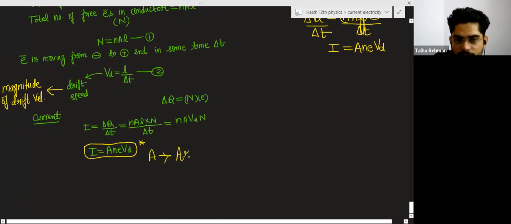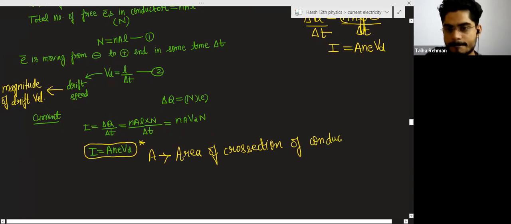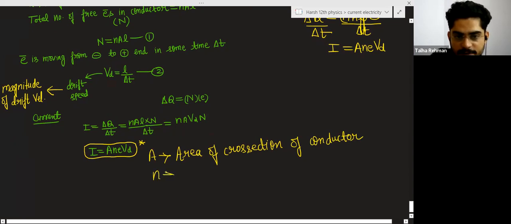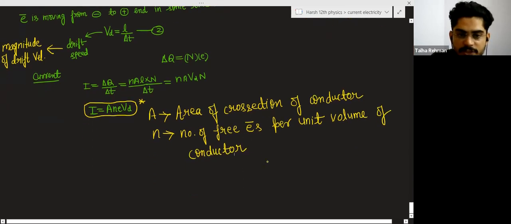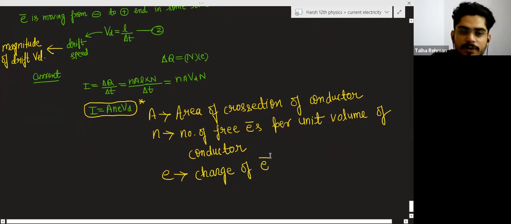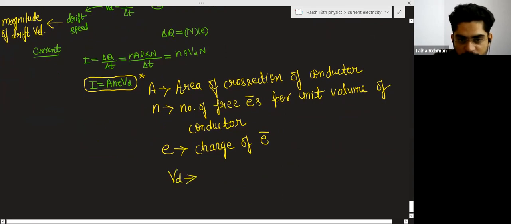A is the area of cross section of the conductor. n is the number of free electrons per unit volume of the conductor. e is the charge on the electron. Vd is the drift velocity of electrons.